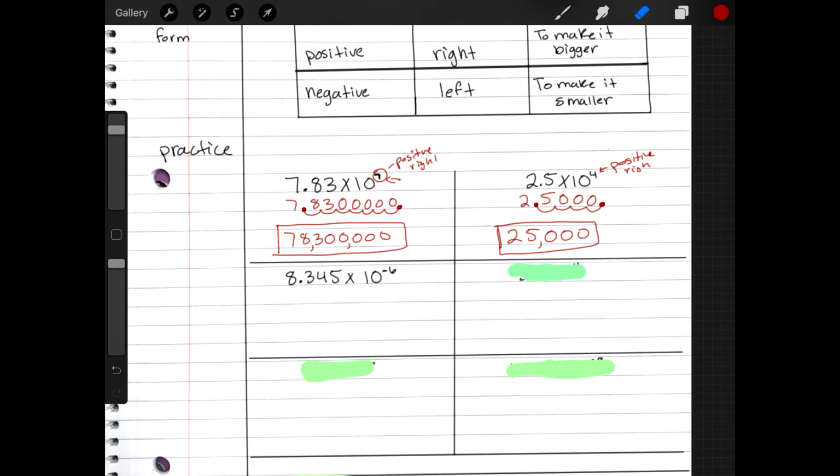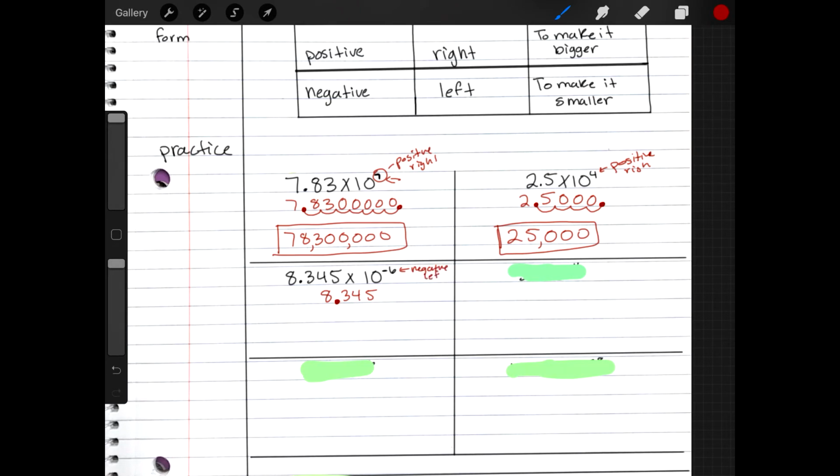Okay. All right. So let's do the next one. We got 8.345 times 10 to the negative 6. So first I'm going to write down the first number, and let me put it more in the middle. I'm going to get this decimal, and then I'm going to look at my exponent, and it is negative, right?